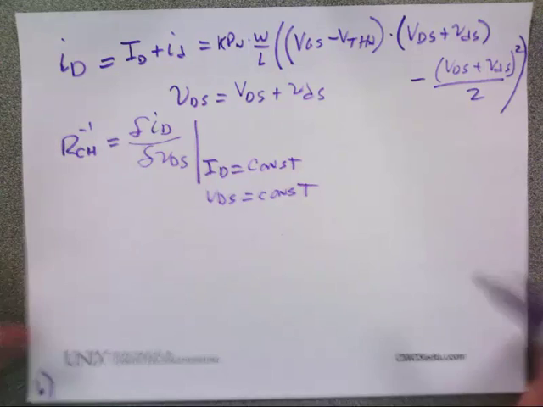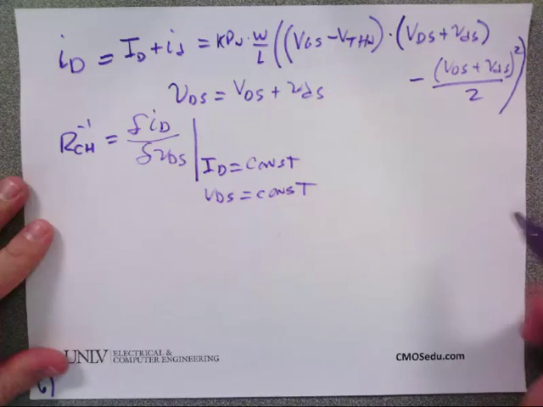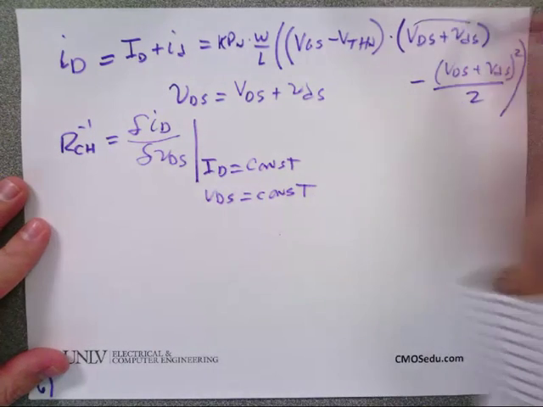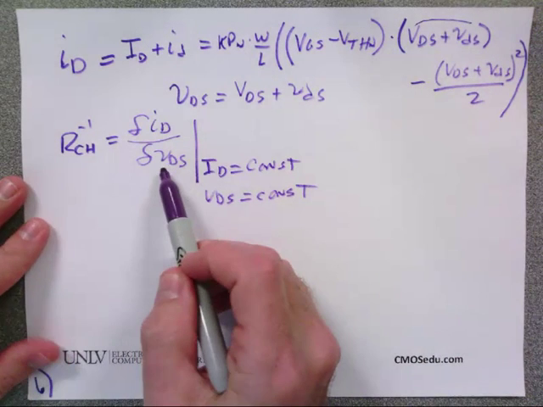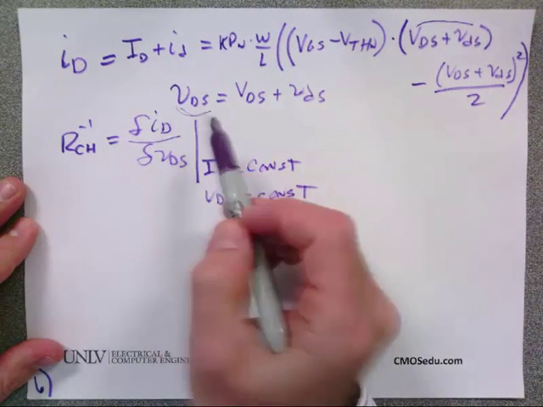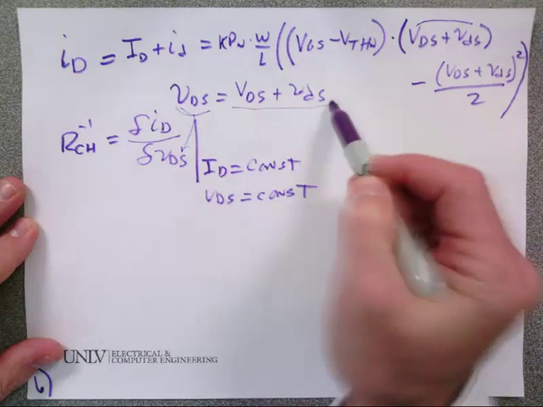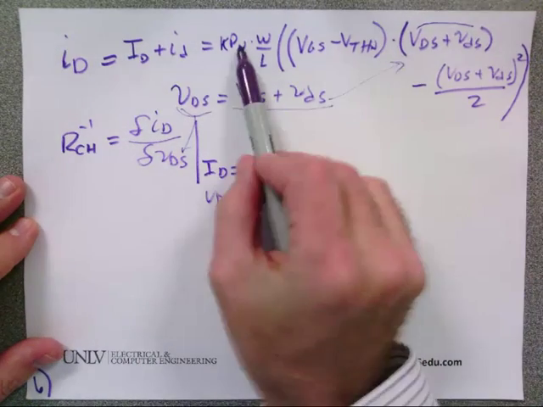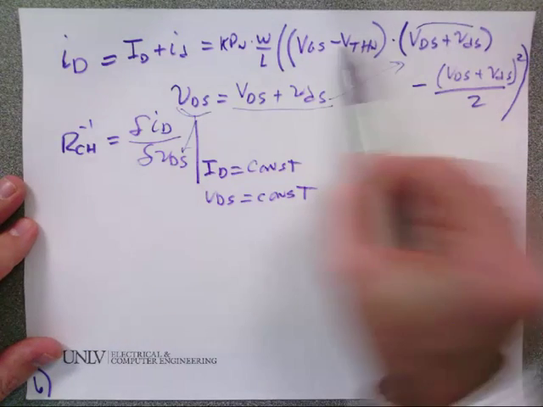So now I take the derivative. And what is the derivative? What is this in terms of VDS? Does everybody see this term is here? I'm taking the derivative of a constant times the variable.